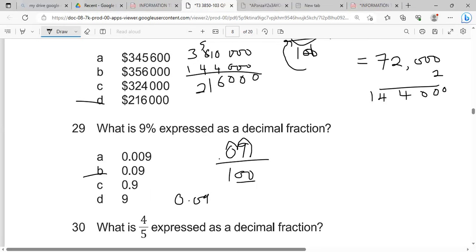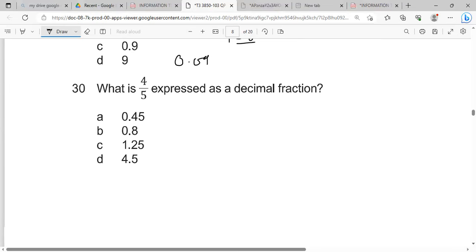All right. Next says, what is 4/5 expressed as a decimal fraction? Notice it's a decimal. All right, so we are going to convert this to a decimal. So what we do, we divide the numerator by the denominator.